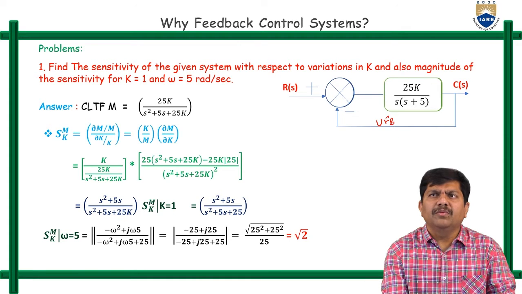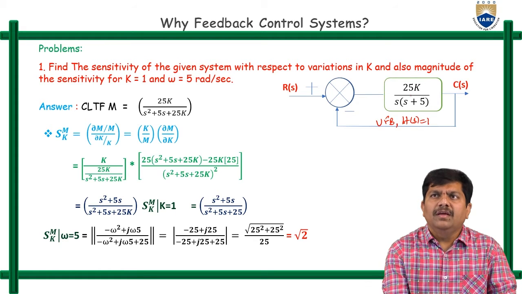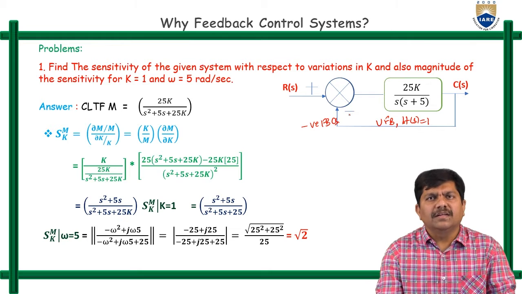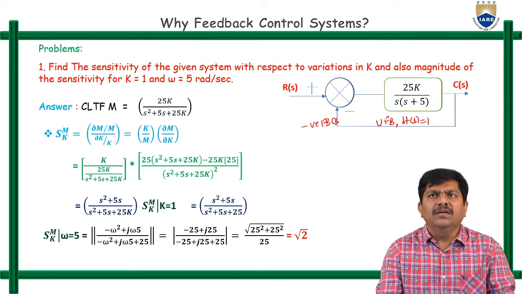So H of S is nothing but 1. The forward path transfer function is 25k by S into S plus 5. Output is C of S, input is R of S. This negative means this is a negative feedback control system. So this is the description of what they have given in the problem.